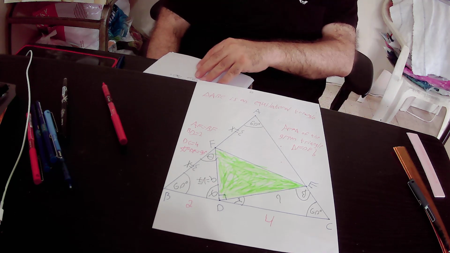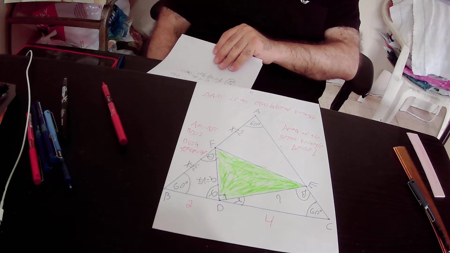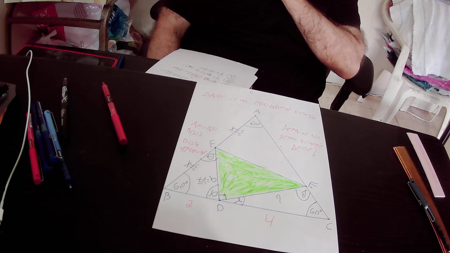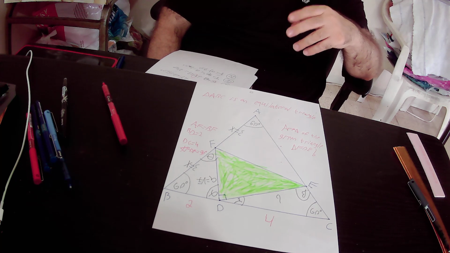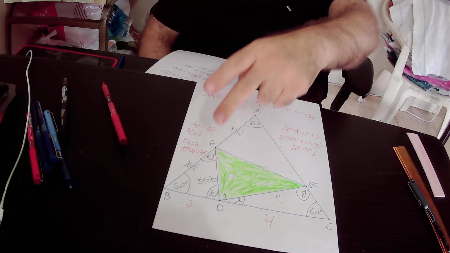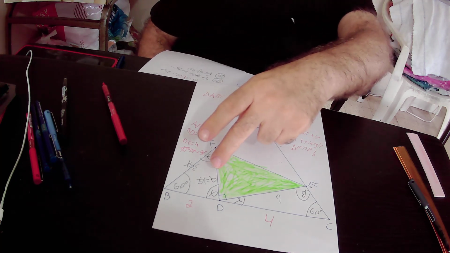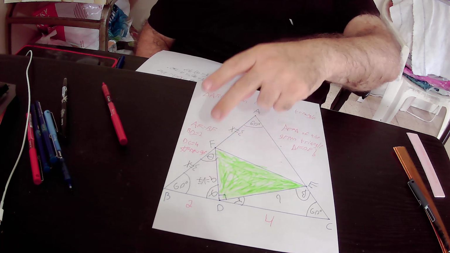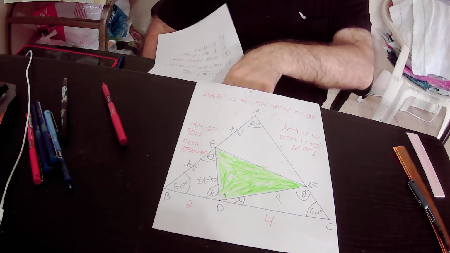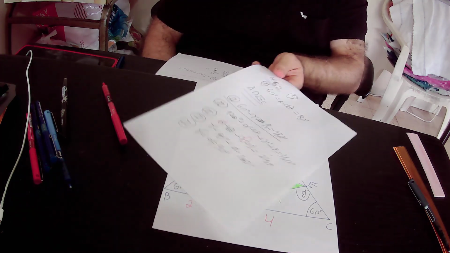Then we created 4 equations from this drawing. First of all, we focused on triangle FBD. In triangle FBD, the sum of the angles is equal to 180 degrees. So that is our first equation.